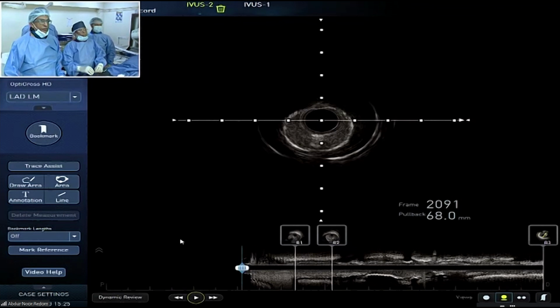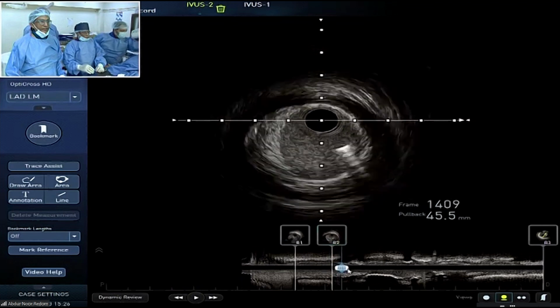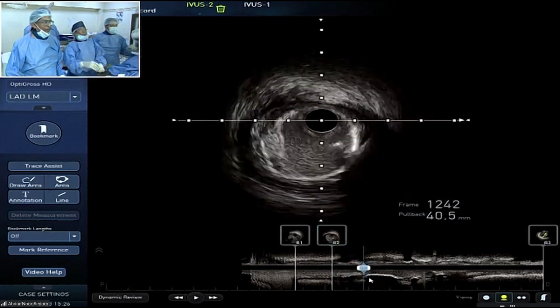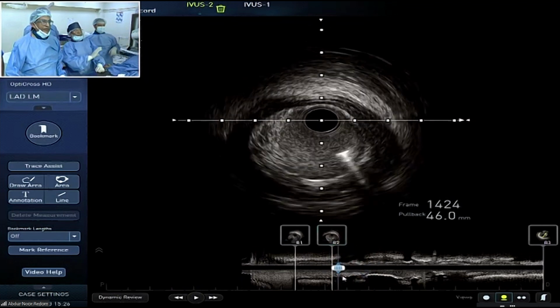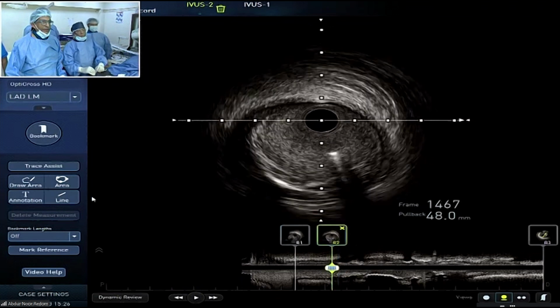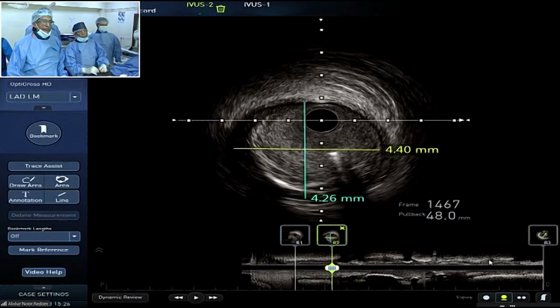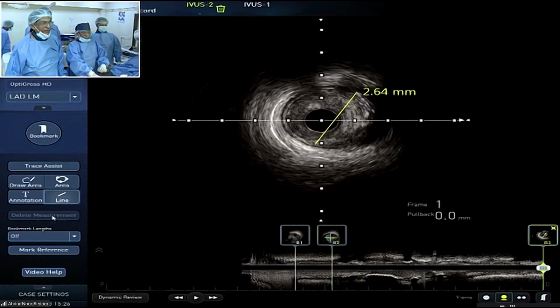The lesion was uncrossable with 1.5, and because we didn't see any calcium, I didn't want to go straight away with the rotor. So we tried a 1.0 balloon at 12 to 18 atmospheres and pre-dilated the lesion, and then we were able to perform the IVUS, which showed fibrocalcific disease.